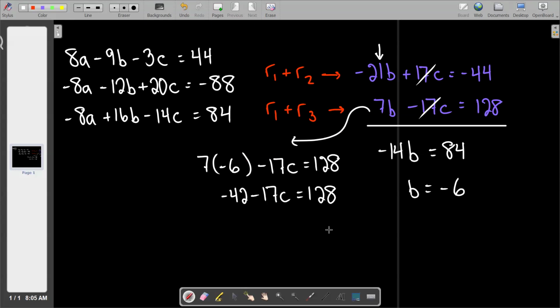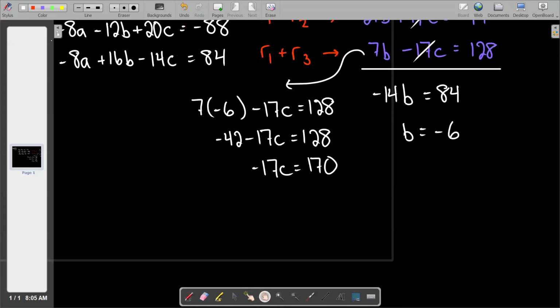We add the 42. Then divide by -17, and then C equals -3. Done.